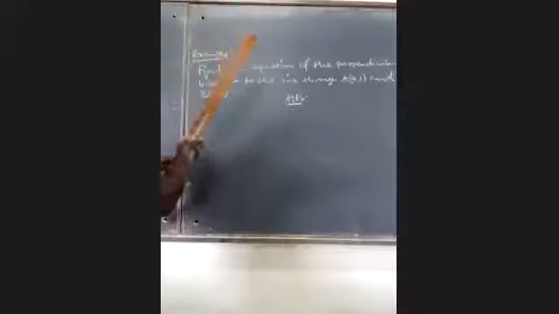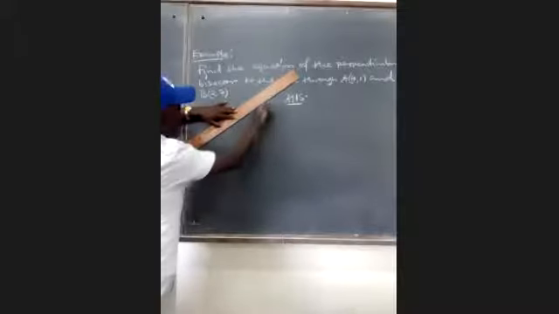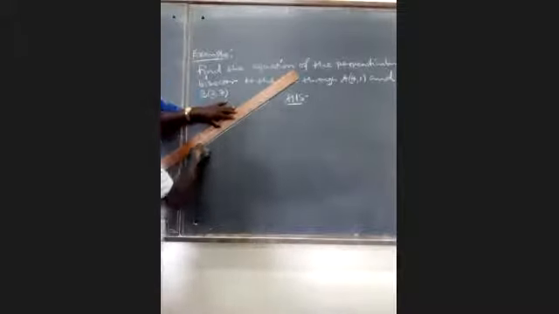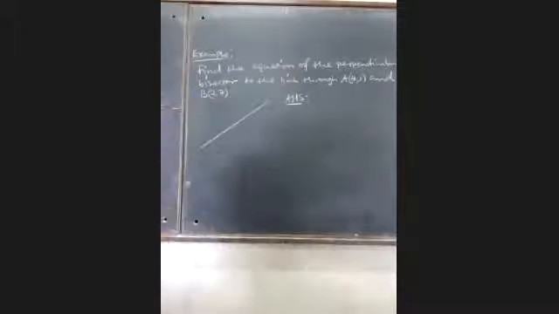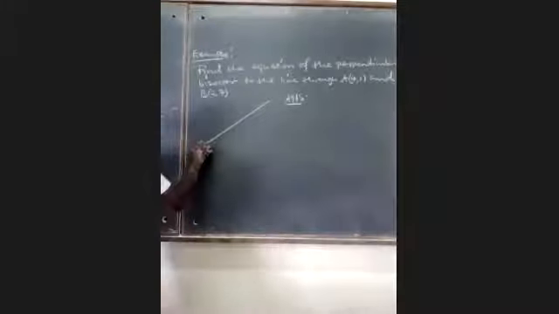I want us to look at the working here. They want us to get the equation of the perpendicular bisector to AB.